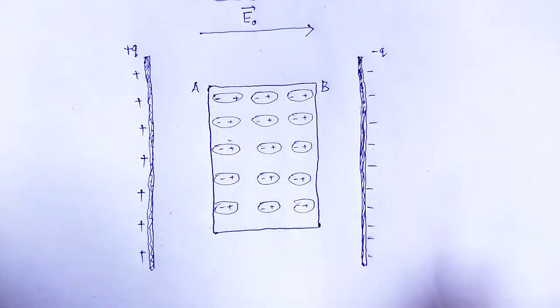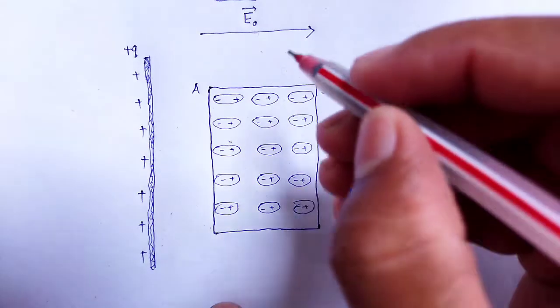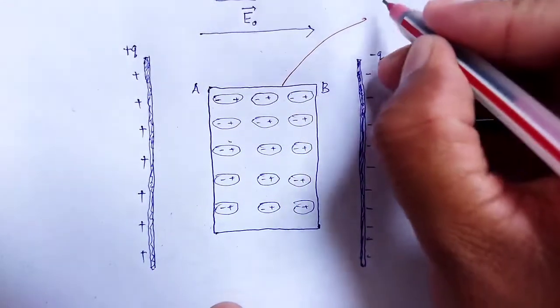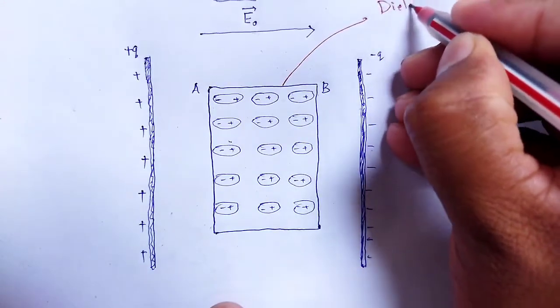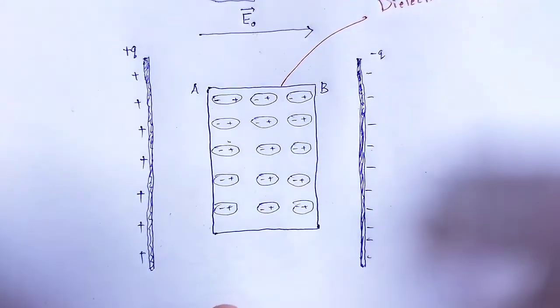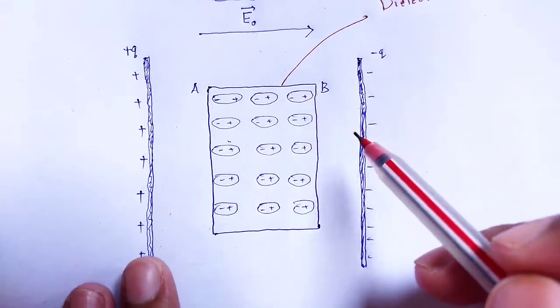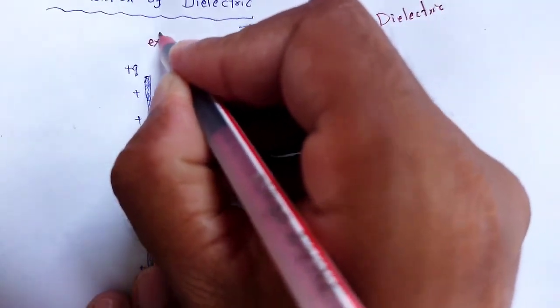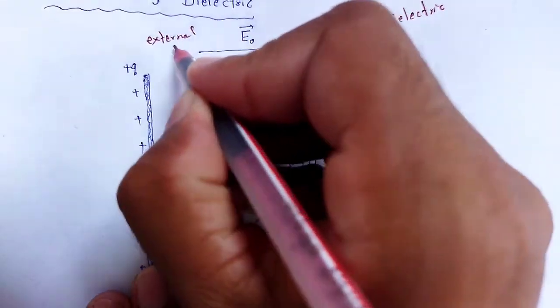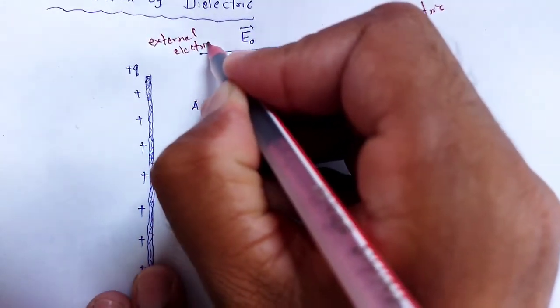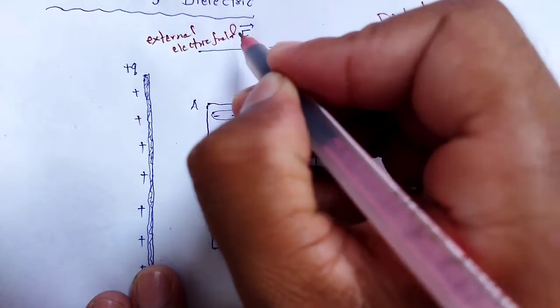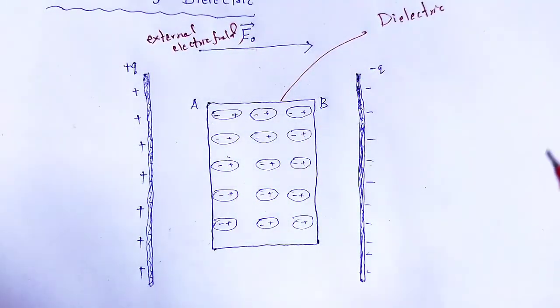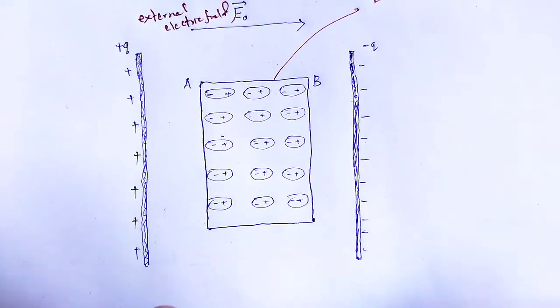The dielectric may be polar or non-polar. This one is the dielectric, these are the plates, and that is the strength of the external electric field, E naught. These are the parallel plates.